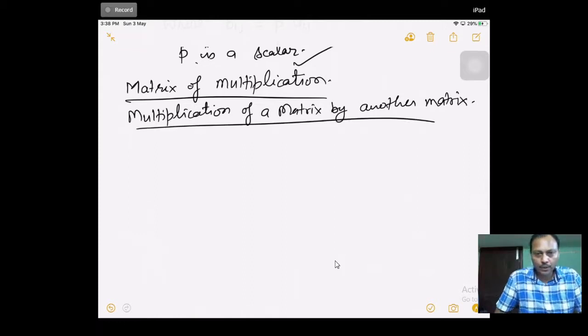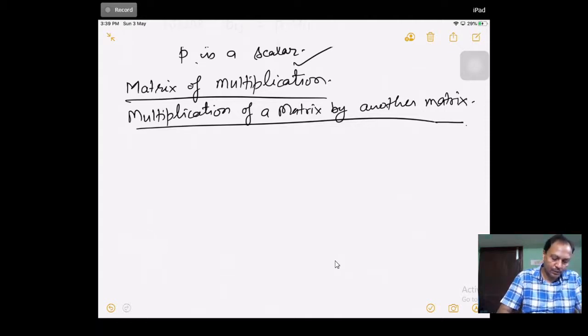It is a very important topic, multiplication of two matrices, and very useful in the next chapter also, that is determinants. So let us start. First of all, what is the condition in which we can multiply the matrices and how to multiply the matrices?